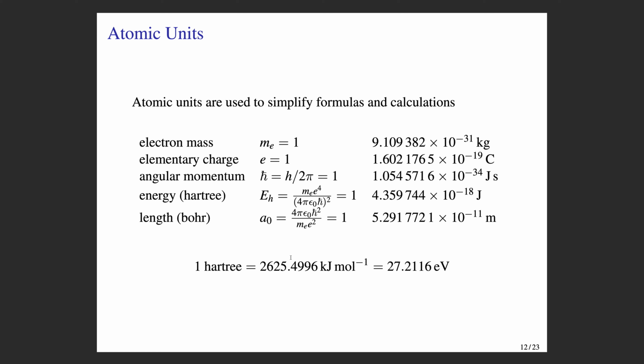The reason this is done is because these quantities are experimental quantities. That is, someone has to go measure the electron mass and the electron charge and so on. And so these numbers are actually subject to change. As better experiments come along, we can add more digits, or the digits at the end might change. And you wouldn't want to have to repeat all of your quantum chemistry calculations over again just because someone has done a better job at measuring the electron mass.